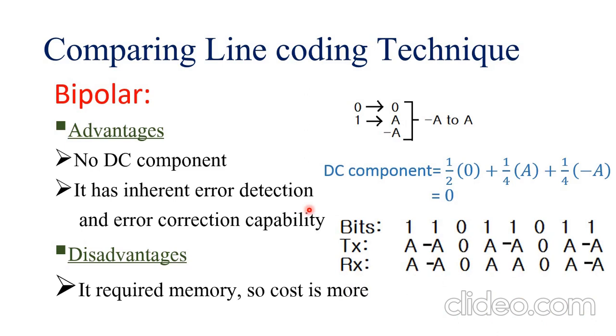If I say the transmitted bits are 1 1 0 1 1 0 1 1, then the transmitted amplitude has to be, for the first one, A, for the next one minus A, for 0 it will be 0, for the next one A, for the next one minus A, for 0 it will be 0, for the next one A, and for the last one, it will be minus A.